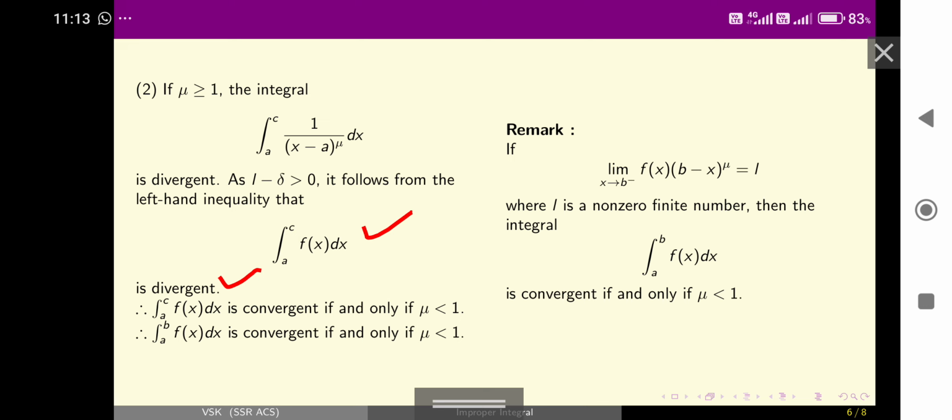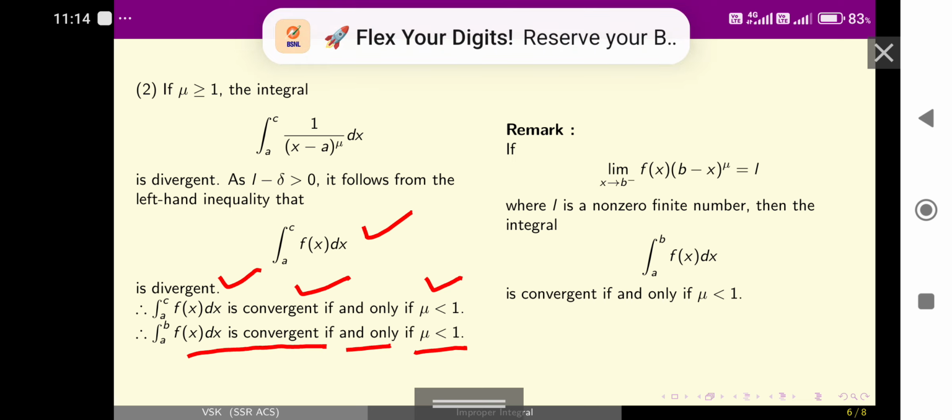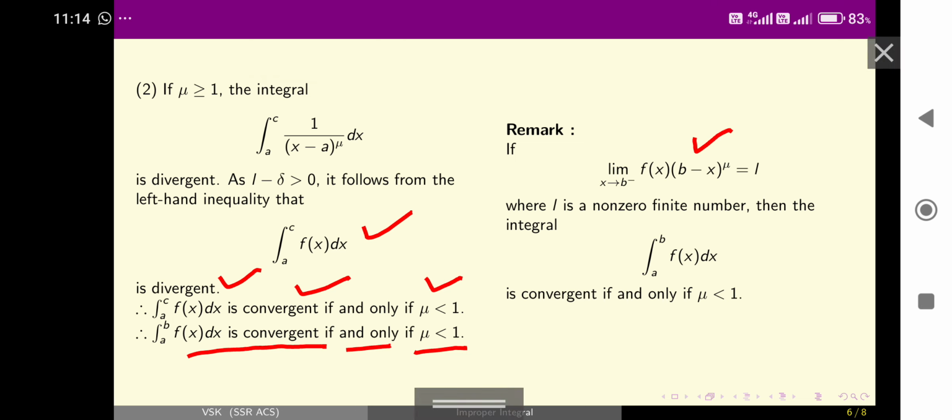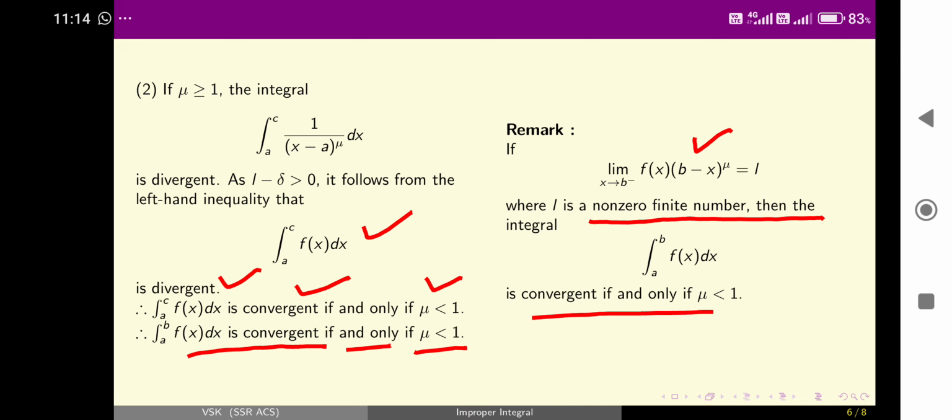Therefore, the integral from a to b of f(x) dx is convergent if and only if μ is less than 1. So, remark: if the limit as x tends to b minus of f(x)·(b−x)^μ is equal to L, where L is a non-zero finite number, then the integral from a to b of f(x) dx is convergent if and only if μ is less than 1.